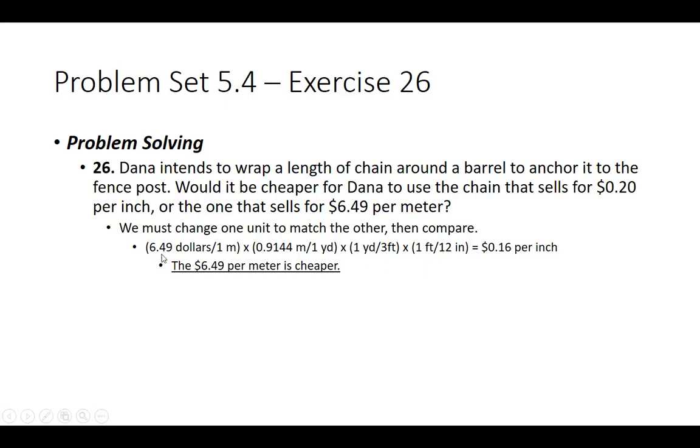Doing the math, 6.49 divided by 1 times 0.9144 divided by 1 times 1 divided by 3 times 1 divided by 12 gives us $0.16 per inch, or 16 cents per inch. So the $6.49 per meter is 16 cents per inch, and that makes it cheaper than the 20 cents per inch. So the $6.49 per meter is cheaper.